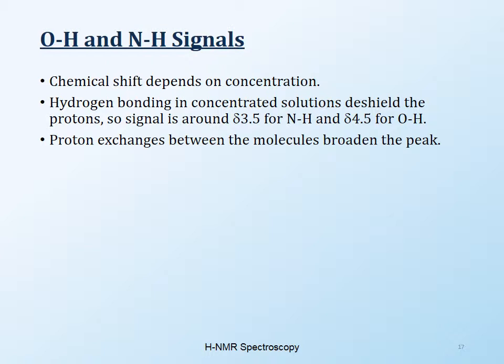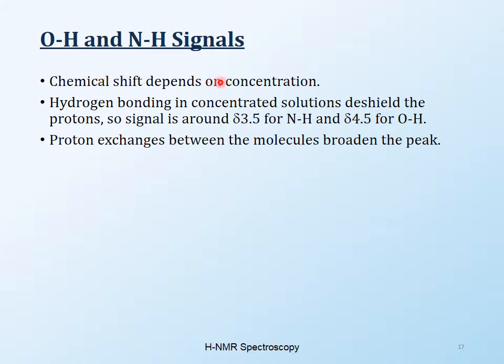Regarding the alcohol and the amine signals, as I said to you, these 2 signals are quite different because they're not directly attached to carbon. All the other signals that we talk about for protons, almost all of them will be attached to carbons, but with alcohol and amine signals, they're attached to oxygen and nitrogen. So they come slightly different.